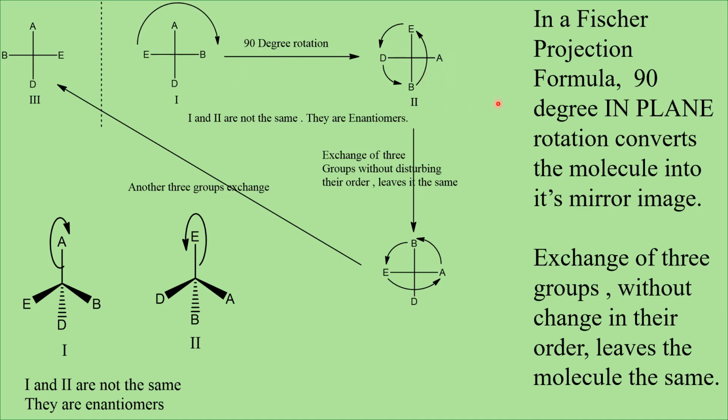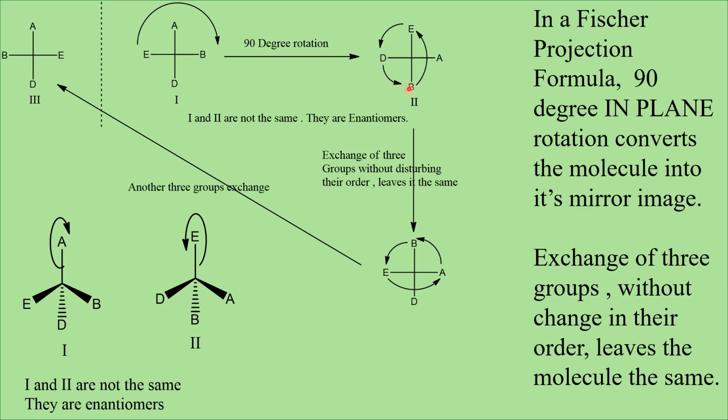Another point you should remember: a three-group interchange, exchange of three groups without any change in their order, leaves the molecule the same. See, I am doing an exchange of three groups.